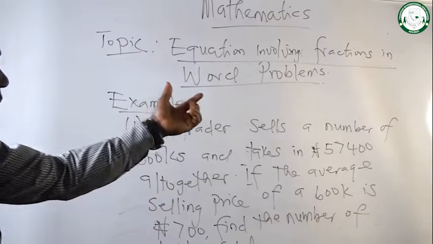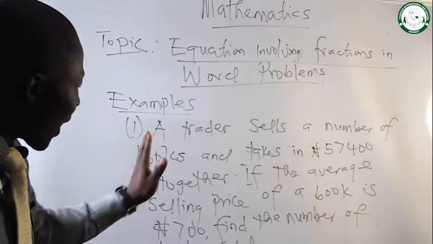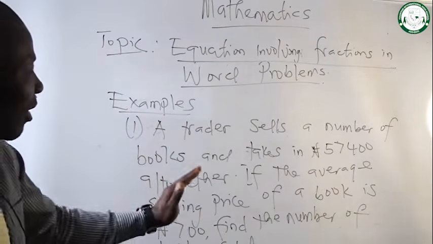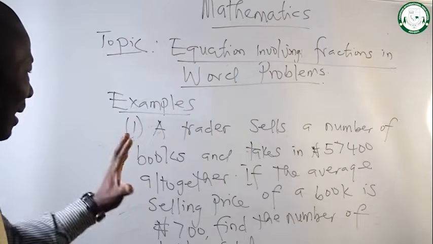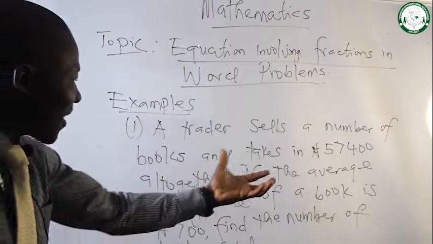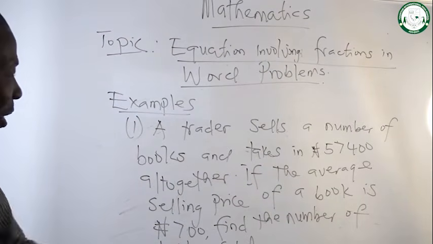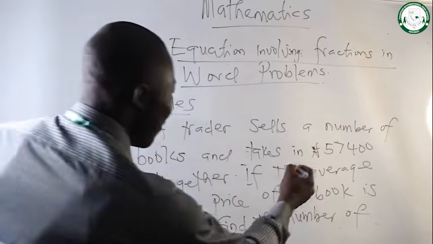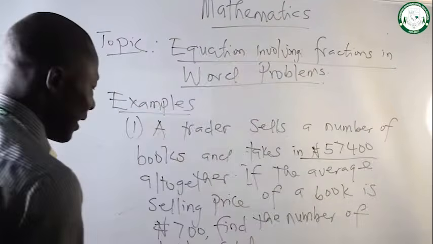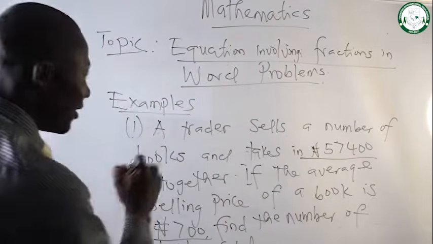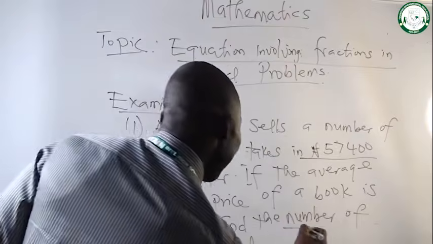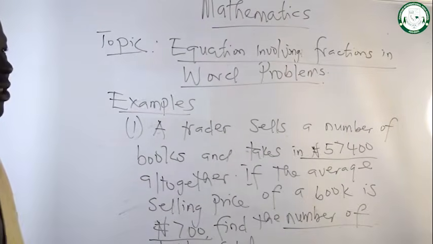When I said that I'm talking about word problems, you can see it was not like what we did in the last class. This one is in the form of statements. We'll be the ones to factor out some things. The only things they gave to us here are 57,400 naira and 700 naira, and we have to look for the number of books sold.